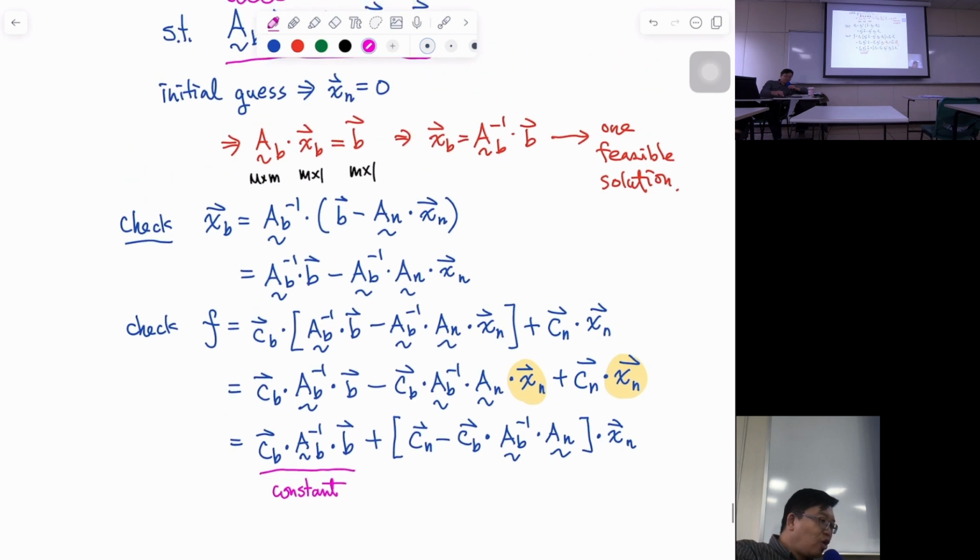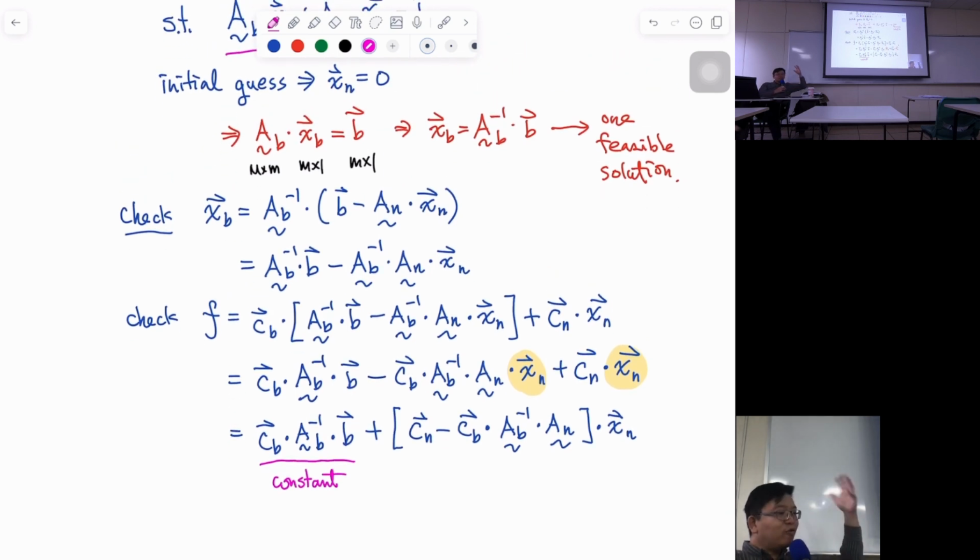So if you try to do optimization, this part won't change if you change your variable. So what you can do is look at the second term on the right hand side.